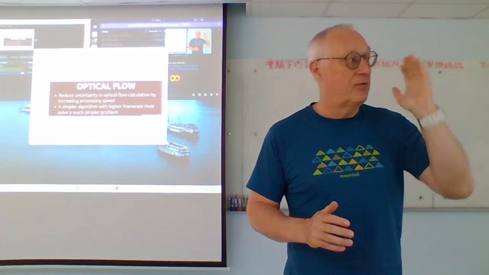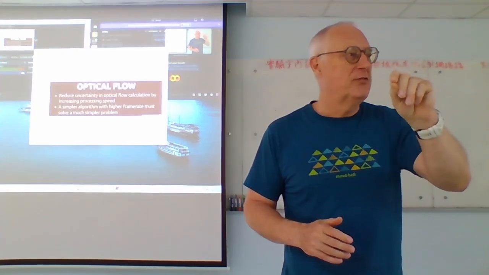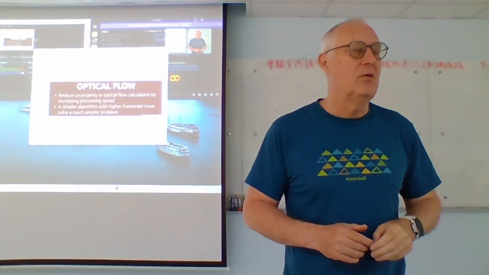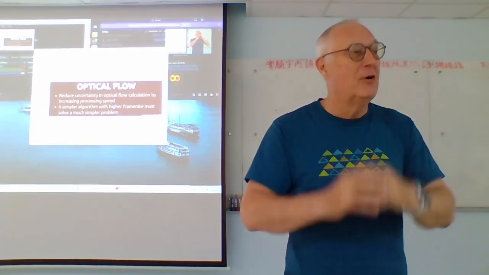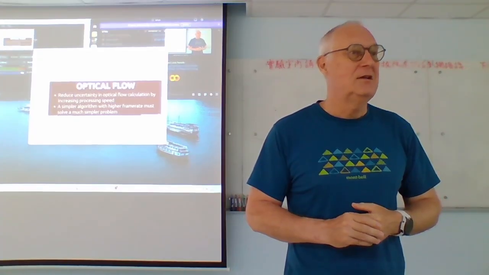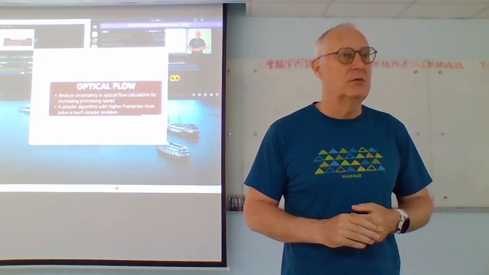And if your frame rate is high enough, that pixel cannot possibly have moved any further than 1 pixel. Right? So you're looking at a very small neighborhood only that you need to process in order to find where that pixel has moved to.